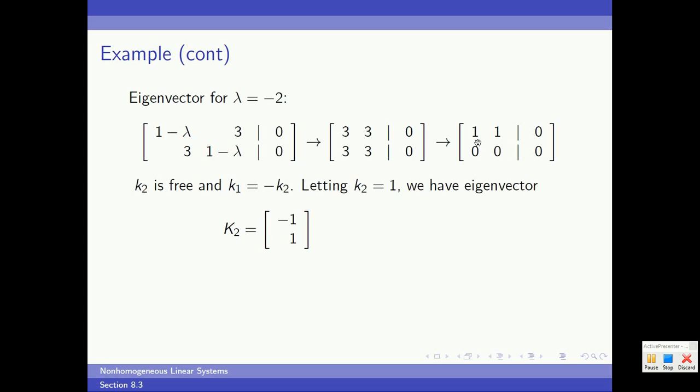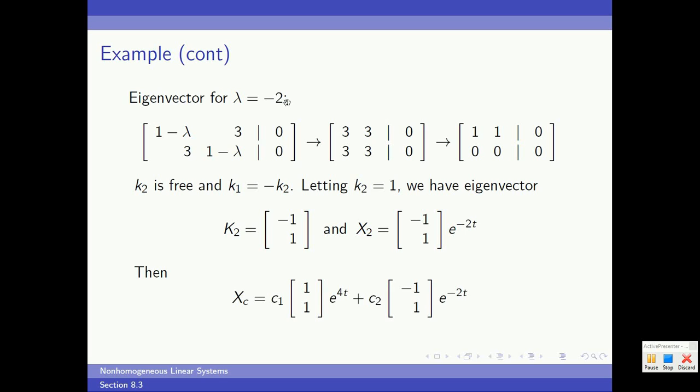Letting k2 be equal to 1, we have the eigenvector negative 1, 1. This gives us our second solution to our homogeneous part, with our eigenvector times e to the lambda t, where lambda here is negative 2. So our solution to the homogeneous equation is a constant times x1 plus a constant times x2.